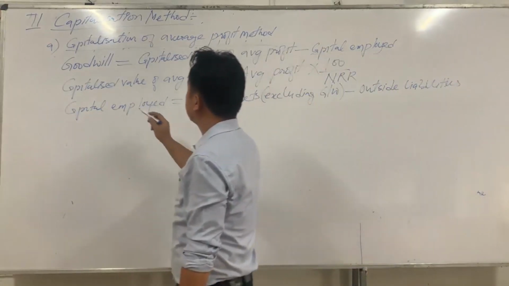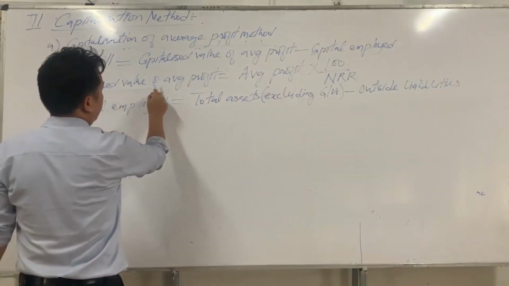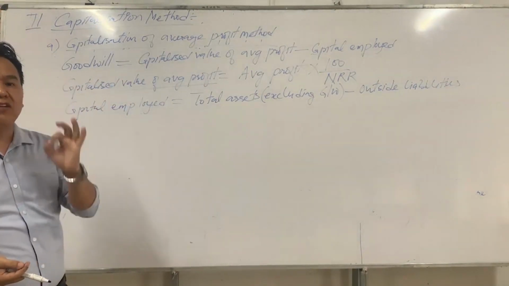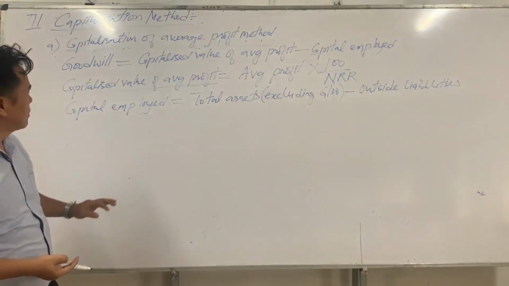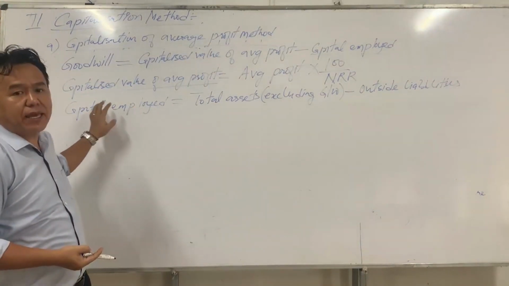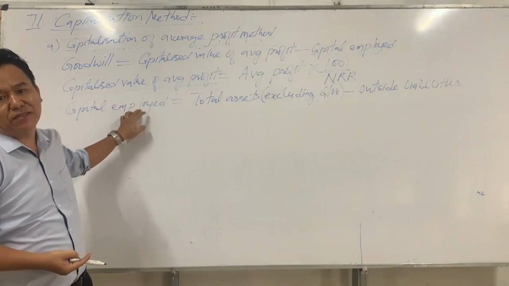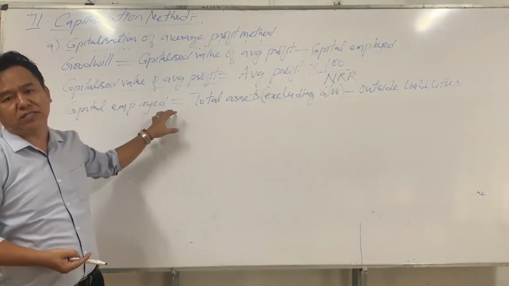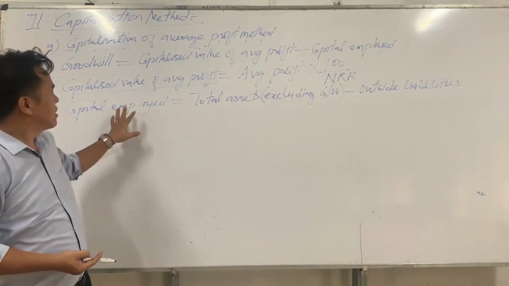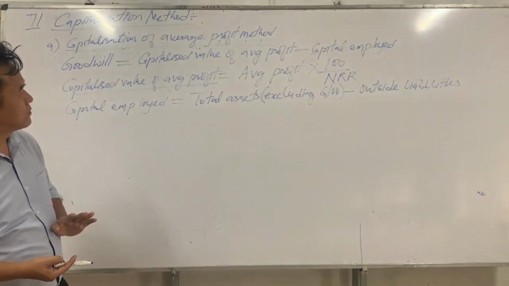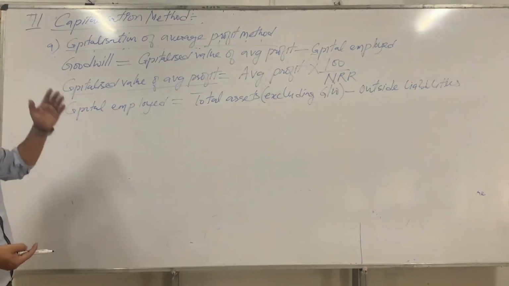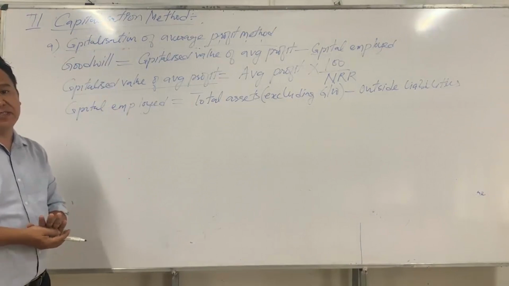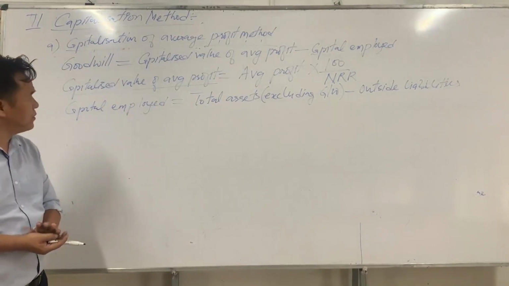So here, the capitalized value of average profit means the market value of the firm. So capital employed means capital invested. In a sense, the amount invested by the owner in the business is called capital employed. Okay? Like I said before, we need to write down all the formulas first. Is that clear for you?